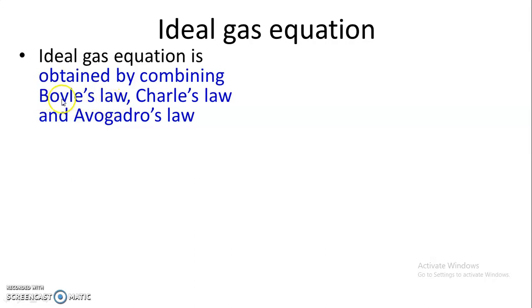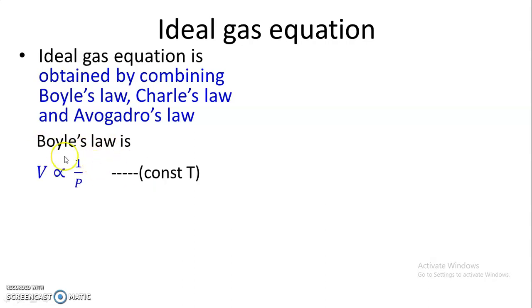At a constant temperature, the volume of a given mass of a gas is inversely proportional to pressure. What is Charles' law? At a constant pressure, the volume of a given mass of a gas is directly proportional to absolute temperature. And what is Avogadro's law? At a constant temperature and pressure, the volume of a given mass of a gas is directly proportional to the number of moles. So these three laws can be combined together to get the ideal gas equation.